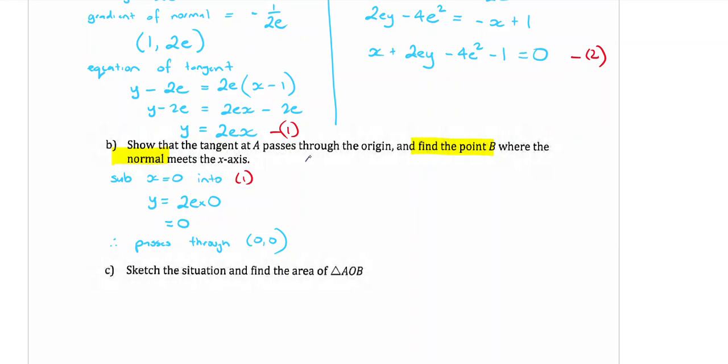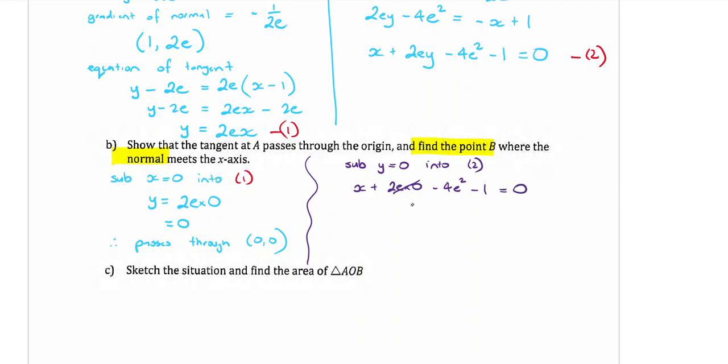So I'm going to sub y equals 0 into equation 2 because that was my normal equation. So that makes x plus 2e times 0, that's just going to disappear, minus 4e squared minus 1 equals 0.